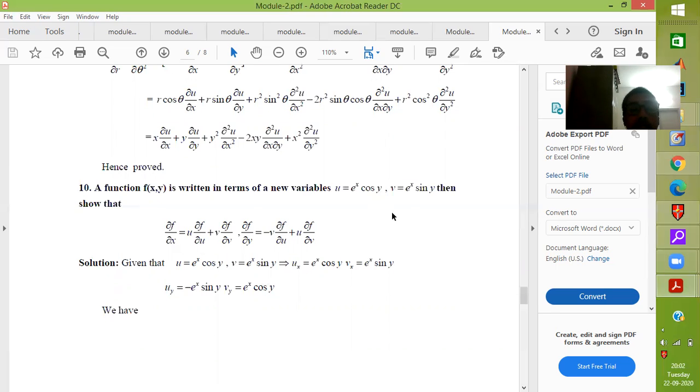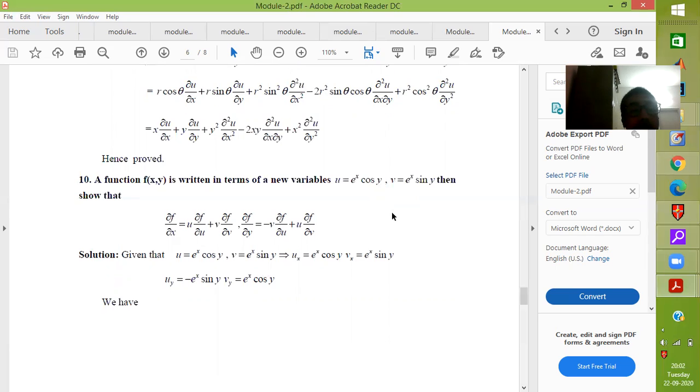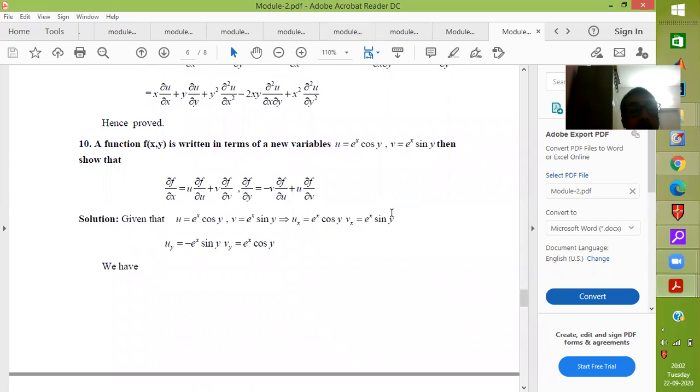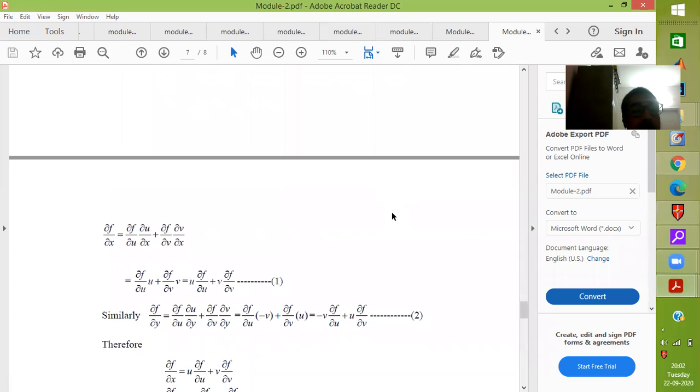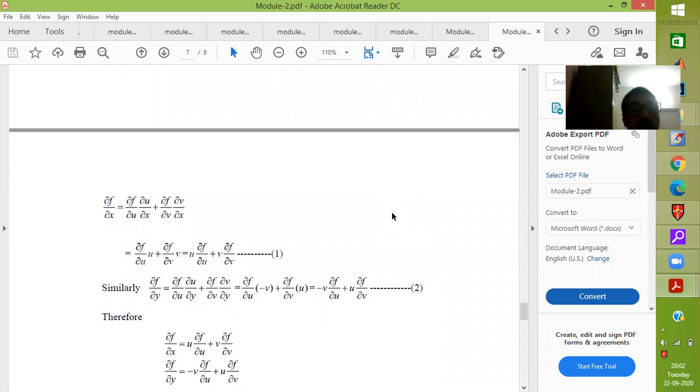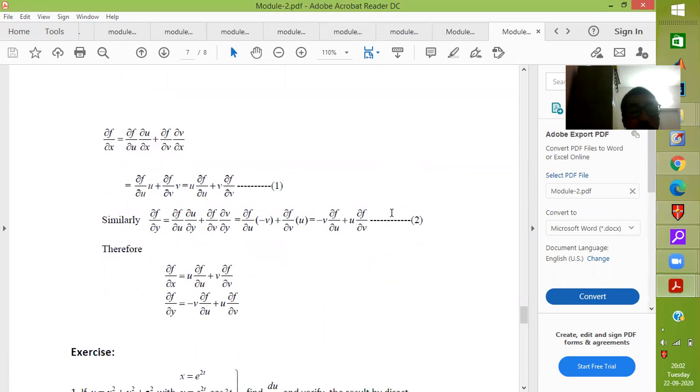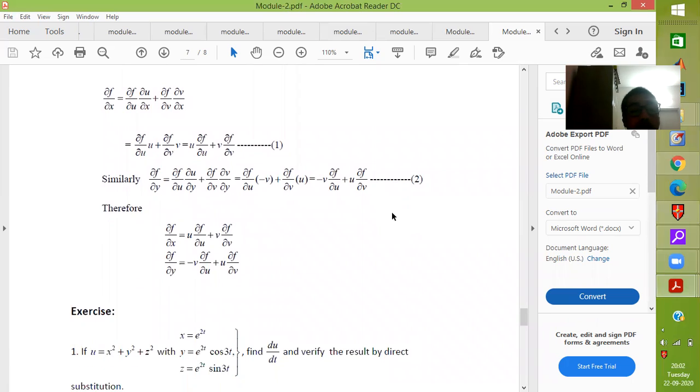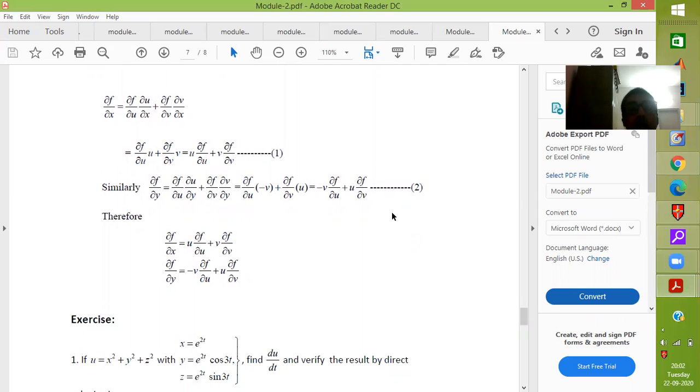So you set up the chain rules accordingly, and then we get ∂f/∂x by the chain rule. Similarly, ∂f/∂y by the chain rule, and therefore you just have to build those equations.